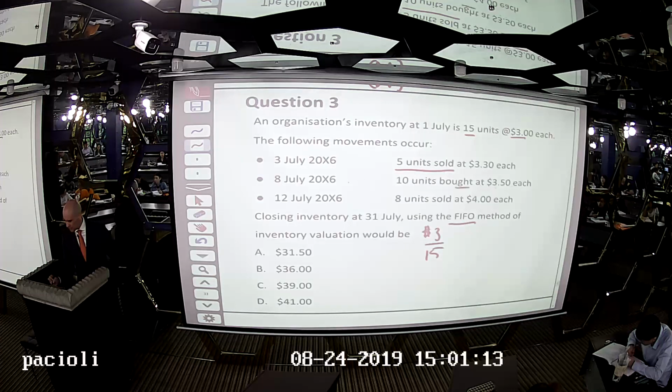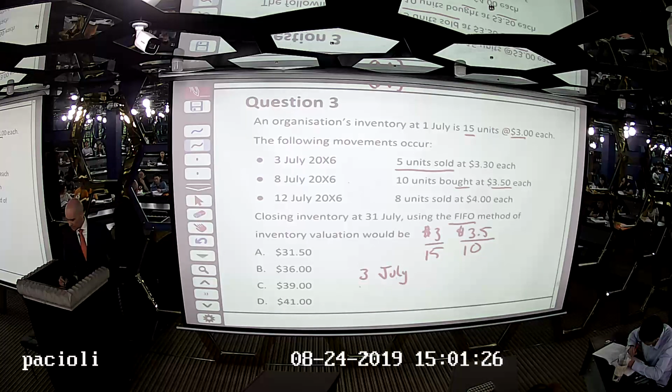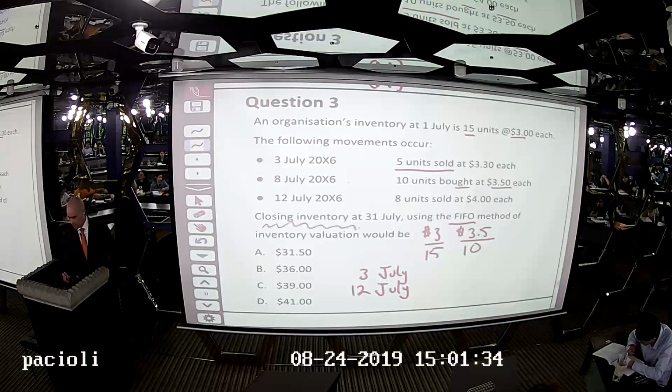And then you buy 10 at $3.50, so you buy 10. And then you sell 2 times. You sell on 3 July, and you sell again on 12 July. And it asks, what is the closing inventory?